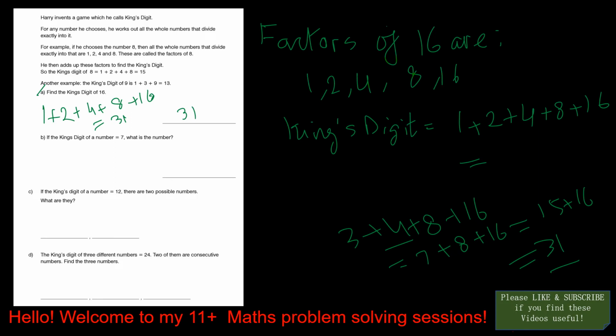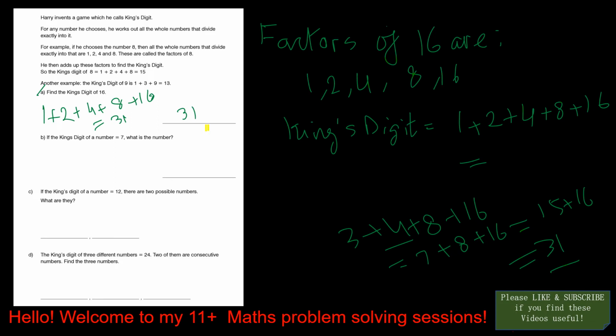So 1 plus 2 plus 4 plus 8 plus 16, and that gives me 31. I've broken down the addition into steps, I was just breaking it up. So we get 31 is the answer.